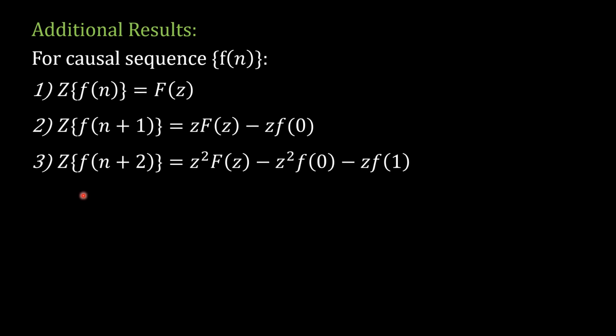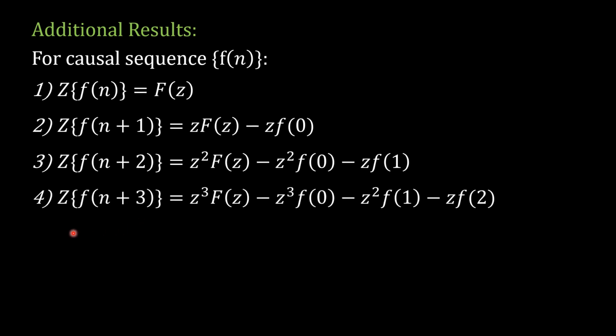Third, Z transform of f of n plus 2 is equal to z square into f of z minus z square into f of 0 minus z into f of 1. Fourth, Z transform of f of n plus 3 is equal to z cube into f of z minus z cube into f of 0 minus z square into f of 1 minus z into f of 2. So these are the Z transforms for the left shift property.